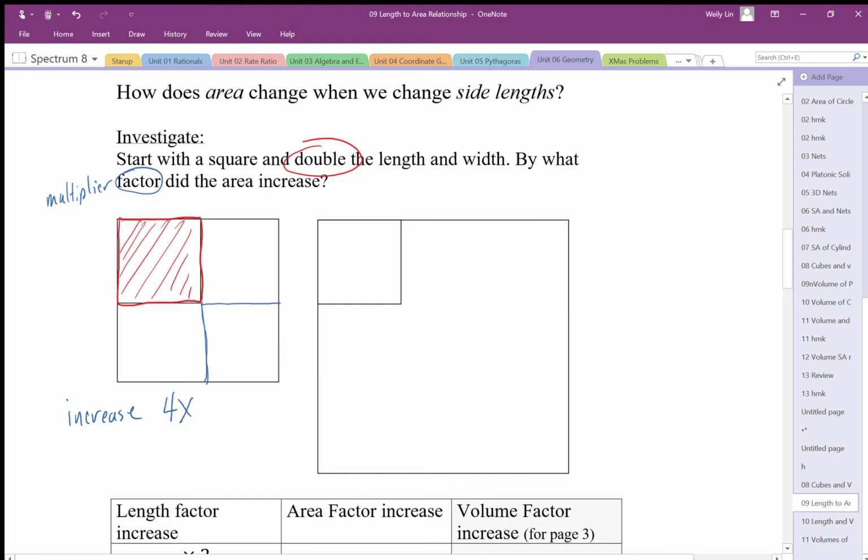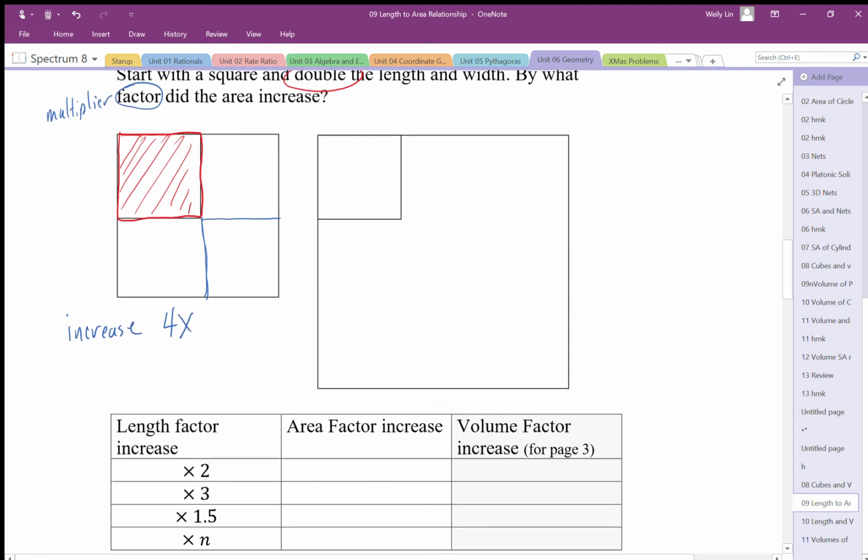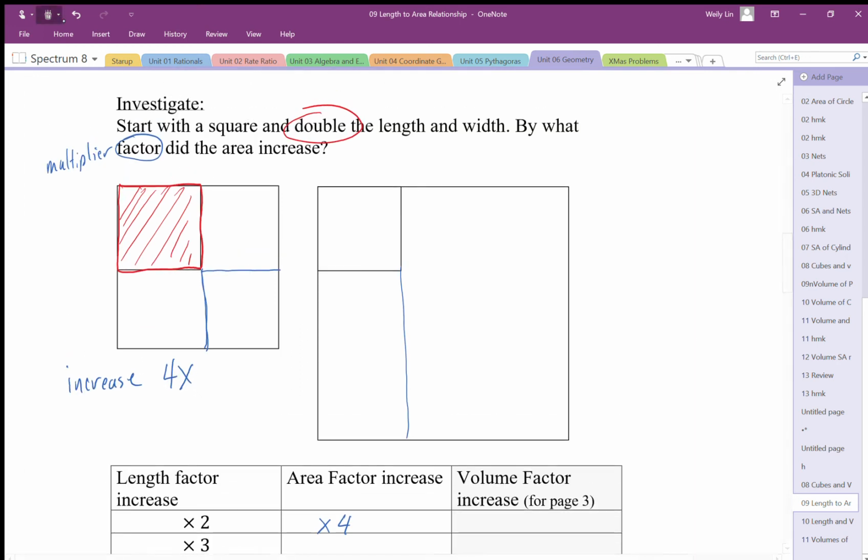What about if we triple? Here I start again with the same square, this is my starting square, and I triple the length, triple the width. By what factor have I increased this area?